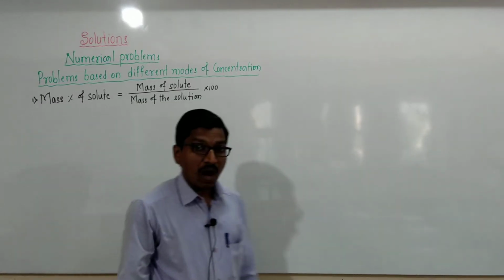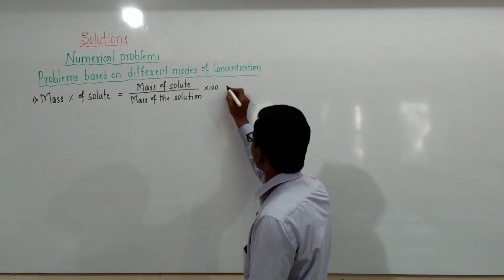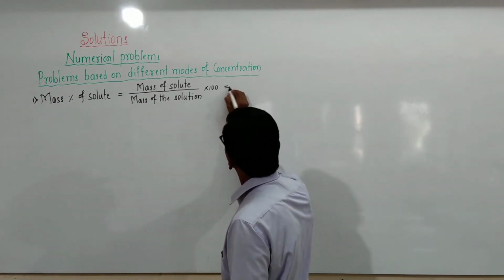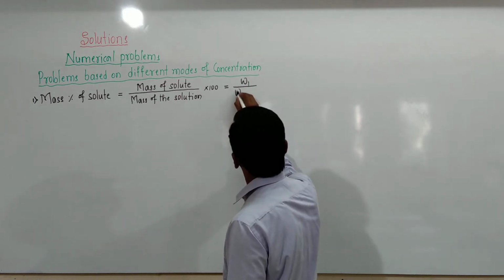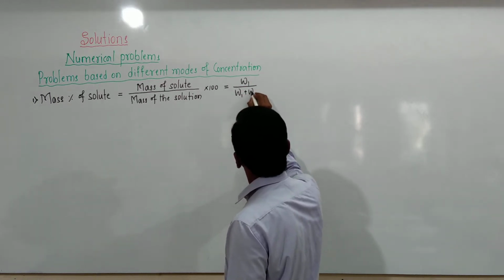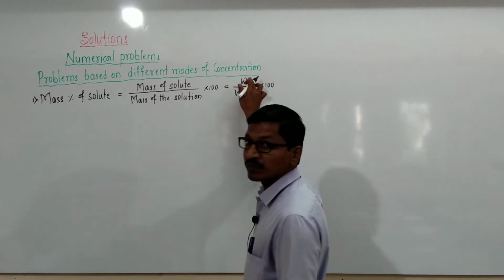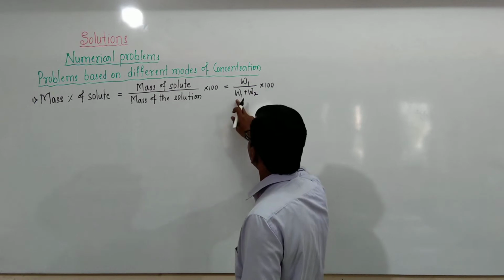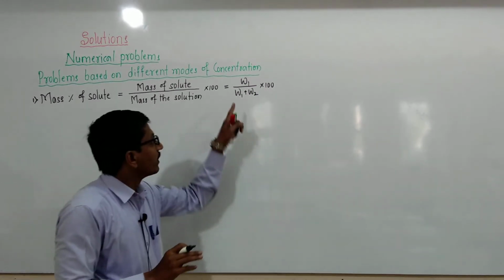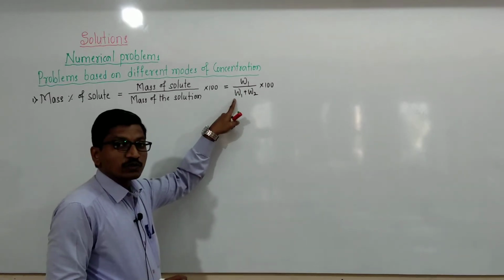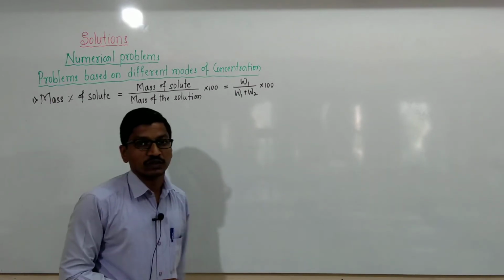Here the mass of the solution includes both solute as well as solvent, and this can also be represented by W1 divided by W1 plus W2 into 100. W1 is the mass or weight of solute and W2 is the mass or weight of solvent, and the sum of weights of solute and solvent becomes total mass of the solution.